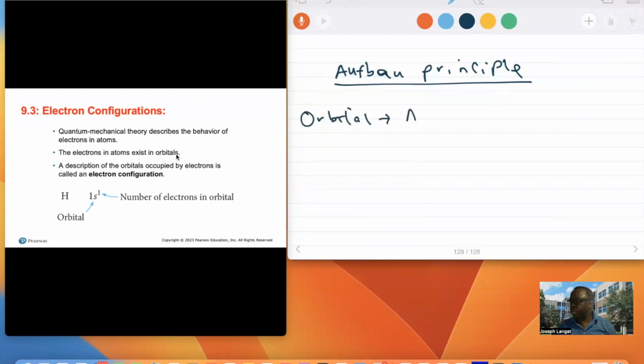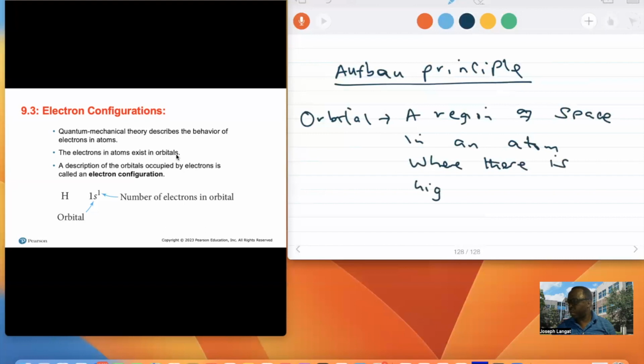An orbital is a region in an atom where there is high probability of finding an electron.